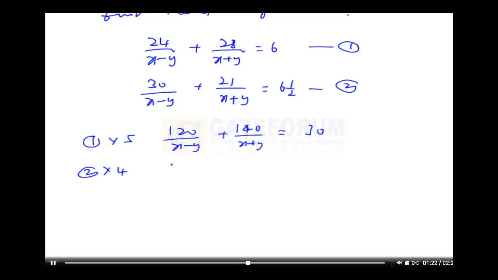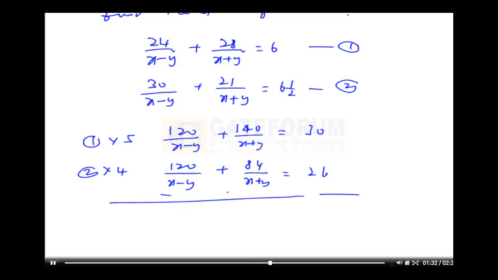Equation 2 into 4, again 120 by x minus y, 84 by x plus y is equal to 26. If you subtract, you get 56 by x plus y is equal to 4, which means x plus y, 56 by 4, is 14.